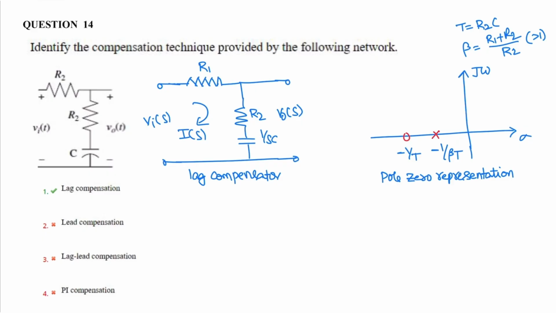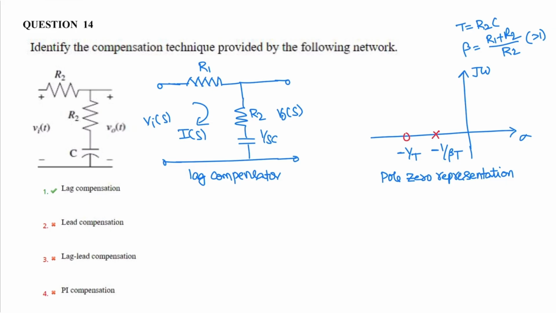Next question. Identify the compensation technique provided in the given network. Here the output is taken across the series arm consisting of a resistor and capacitor, and the input arm is simply a resistor. So this circuit is a lag compensator, and the pole zero representation of the lag compensator is given beside.